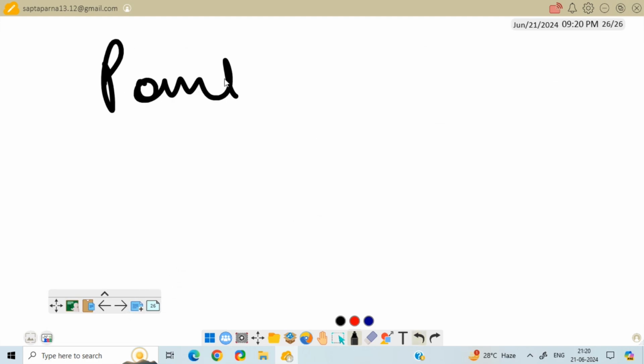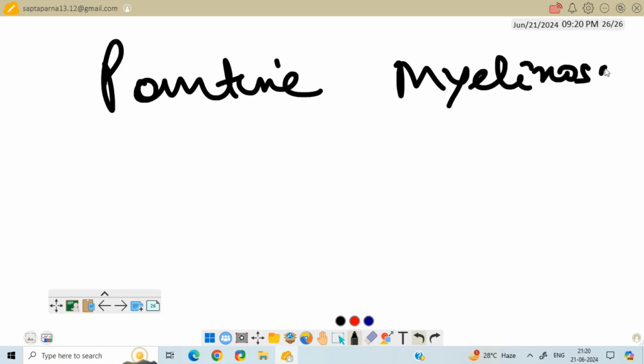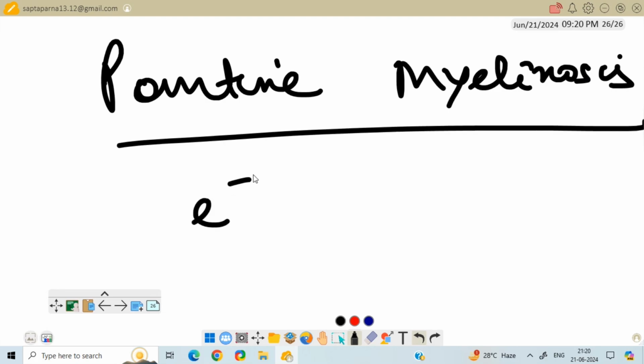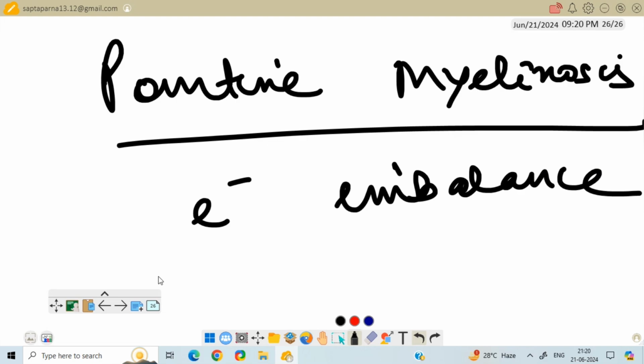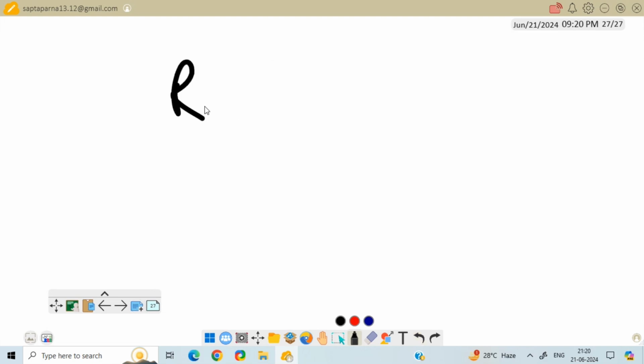Next is, there can also be pontine myelinosis. Why pontine myelinosis? Due to electrolyte imbalance. Also there can be rhabdomyolysis.